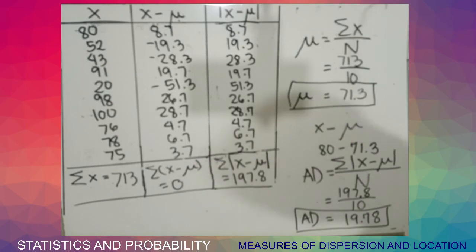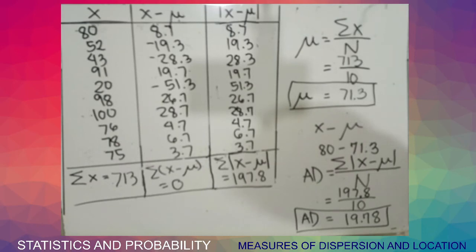Okay. So, paano doon naging 0? So, gagawin natin, pag-plusin mo. Okay. So, ganito. So, gawin natin, pag-plusin natin yung lahat ng data natin. So, 8.7 plus negative 19.3. So, plus negative 28.3 plus negative, ano ba yan? Positive 19.7. So, pag pinag-plus natin yan, 0. Minus 51.3 plus 26.7.